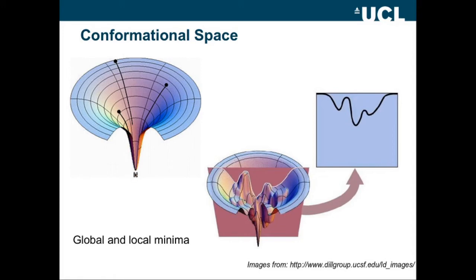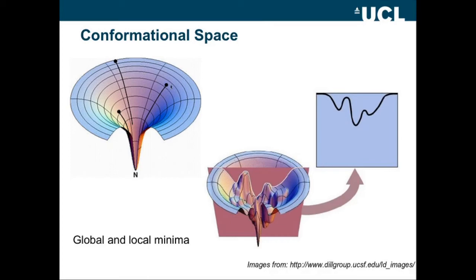So the simplest type of folding would represent a smooth surface like this, where we start at a high energy conformation and we just slide down this funnel to the native conformation here.